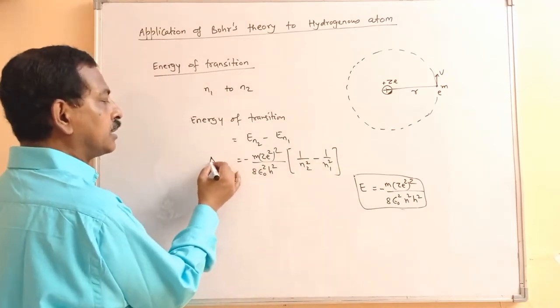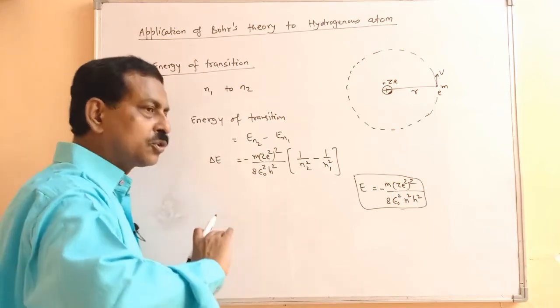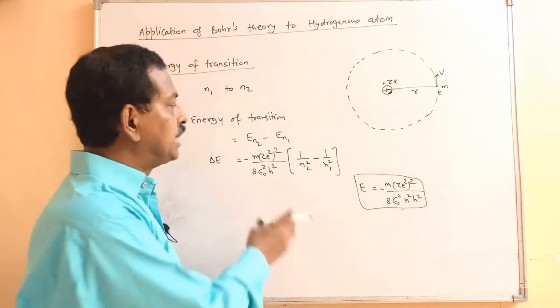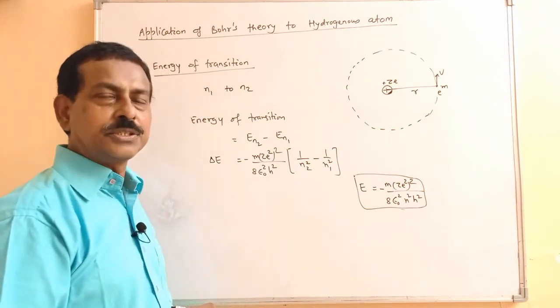The negative sign we have already taken common, and it is for the final orbit energy minus the initial orbit energy. This is the energy of transition whenever an electron makes a transition from one orbit to another. So with that you can easily calculate.